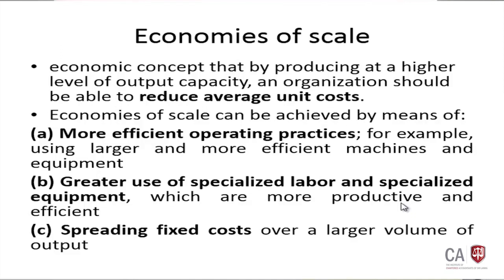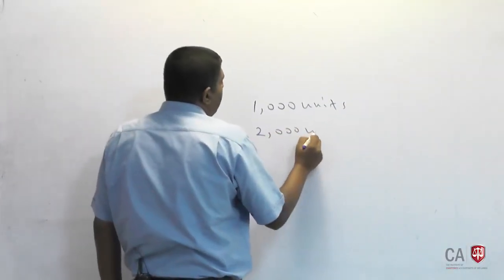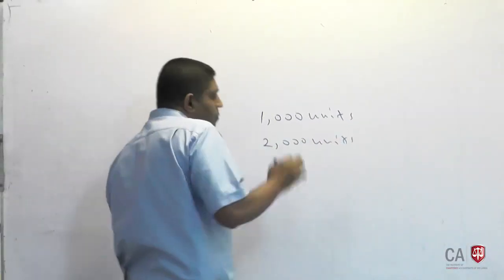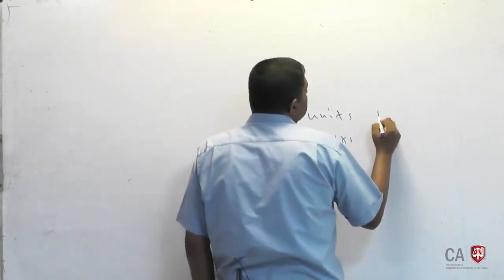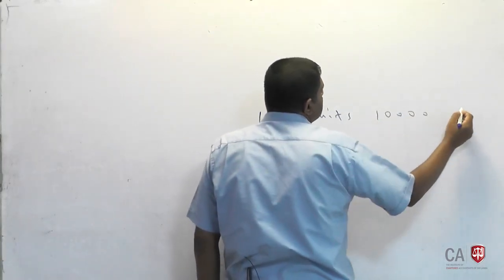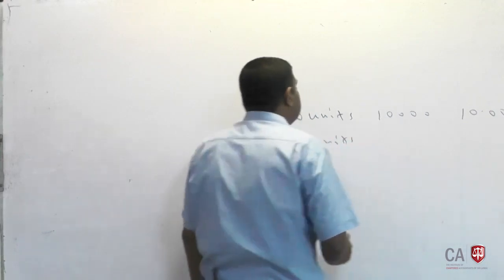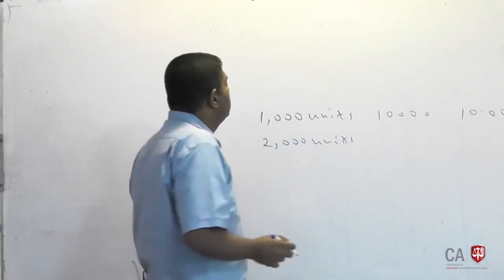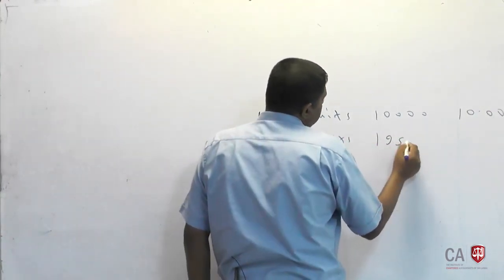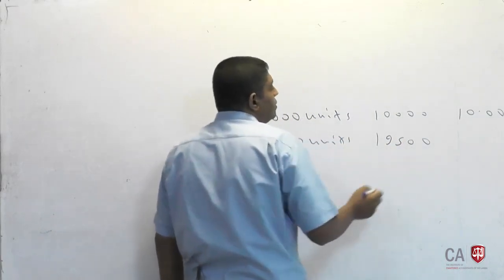For example, capacity utilization, if I take an example to illustrate this further, say we are producing 10,000 units, you will say the cost of the material is 10,000 here, average cost per unit is 10, 2000 units, say here 19,500.